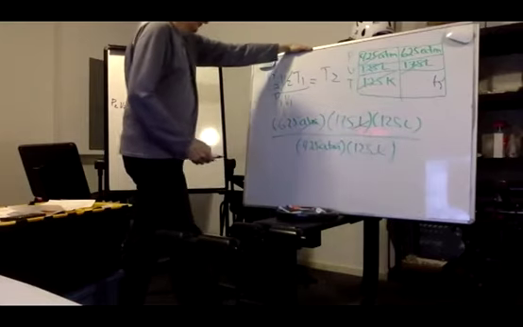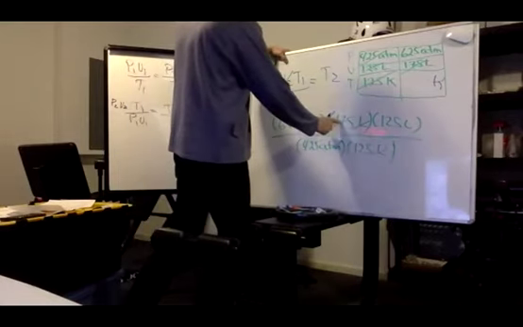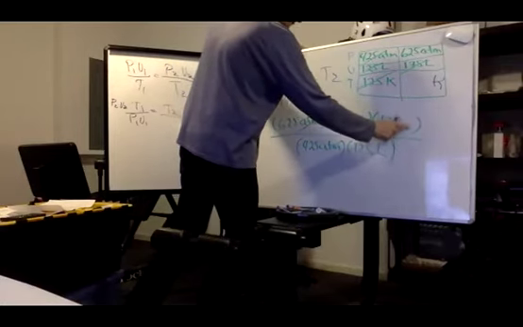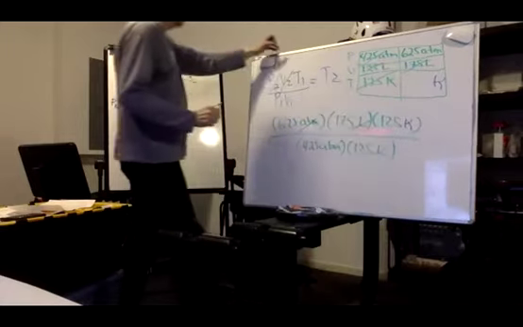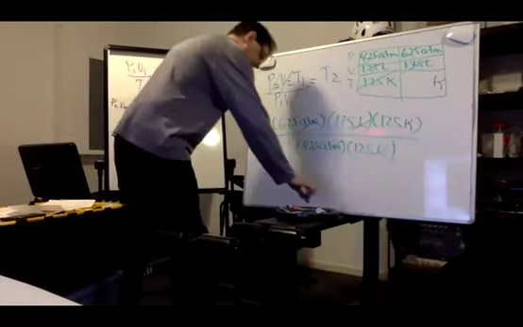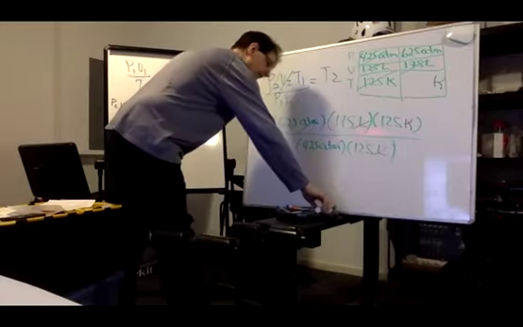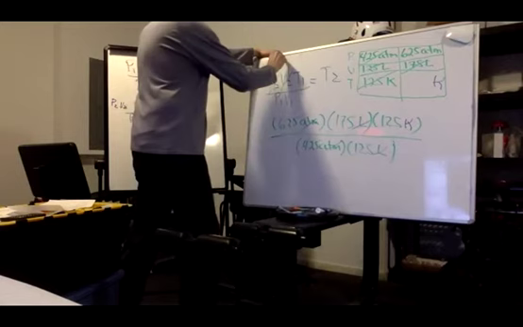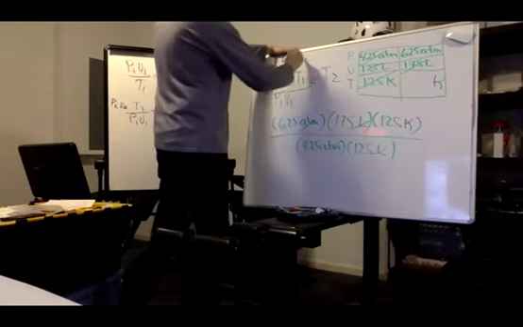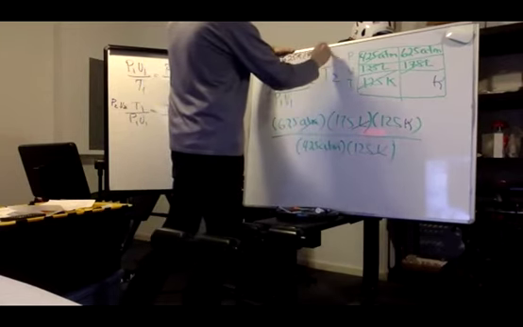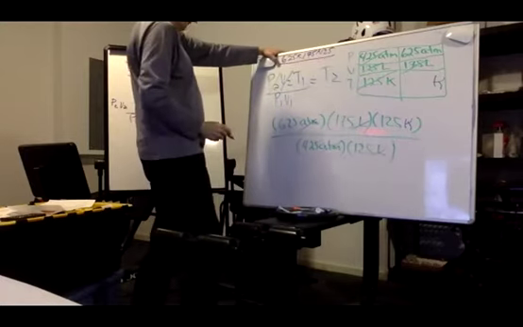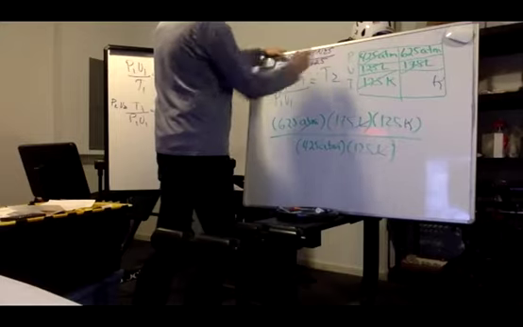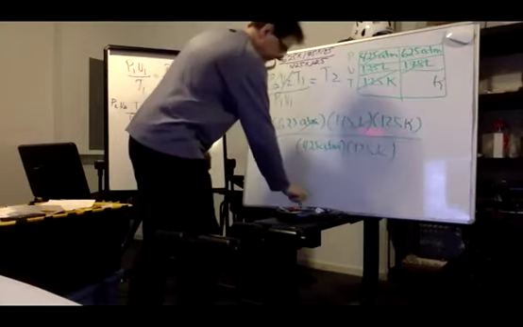V2 is 175, and this should be T1, which should be in Kelvin, 125 K. So I've got my 5 numbers, and I'm left with K. So I'm going to have 625 times 175 times 125 over 425 times 125. Essentially, the 125s are going to cancel out.